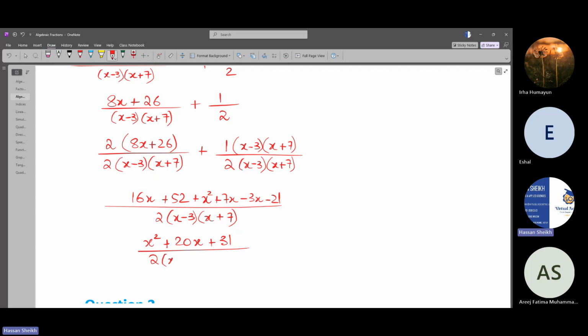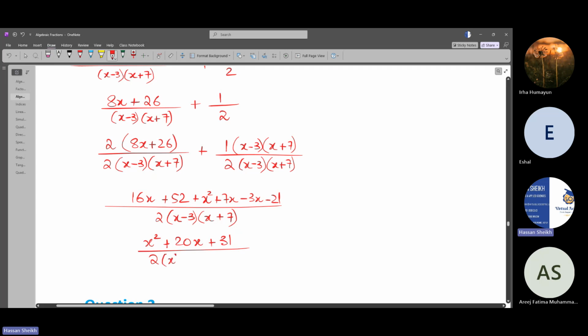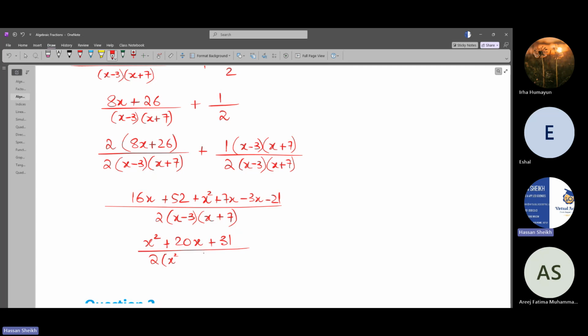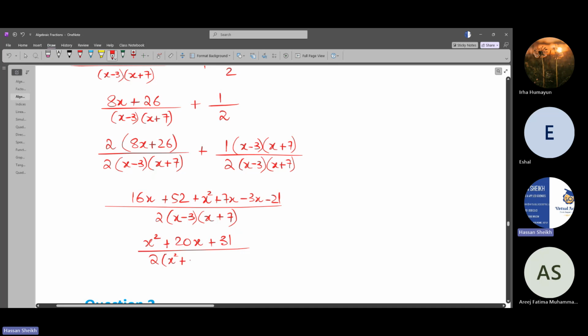It will be x times x is x squared. x times 7 is 7x. x times minus 3 is minus 3x, and 7x minus 3x is 4x. Minus 3 times 7 is minus 21.